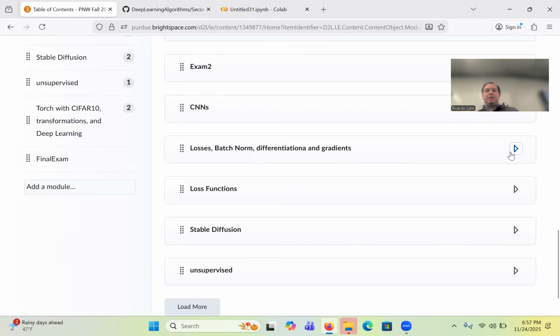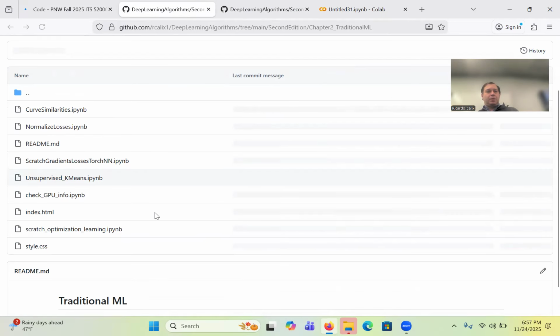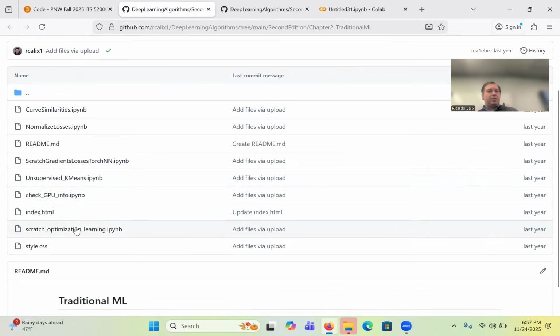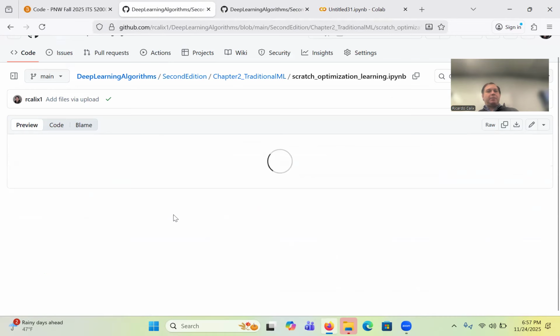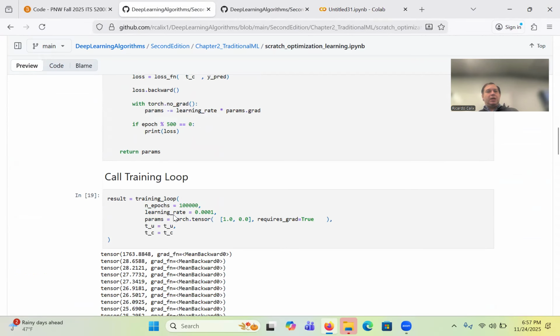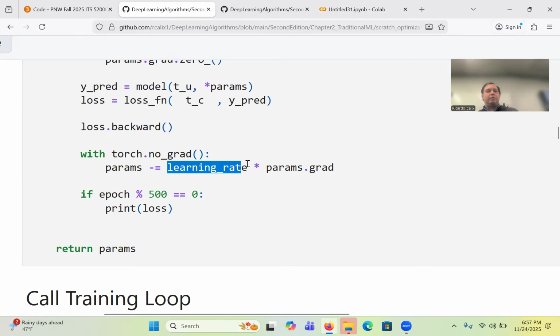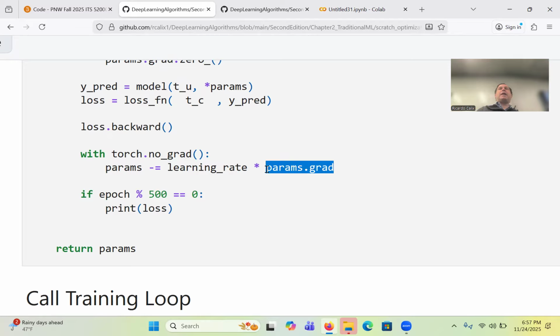So actually, let's link it back, right? Just to tie them together. So in this one, scratch optimization, the update rule was here, right? Learning rate and then params.grad is the value from the derivative.